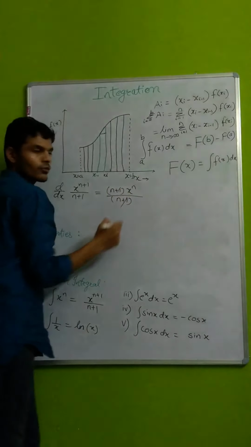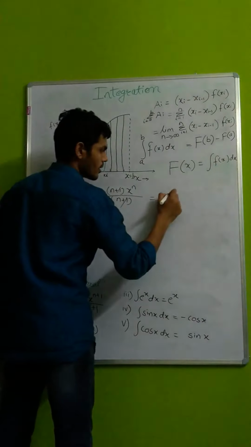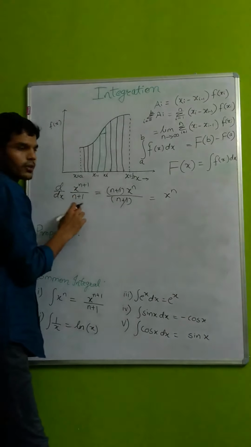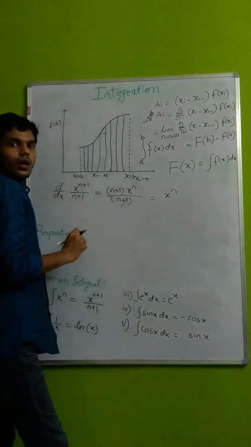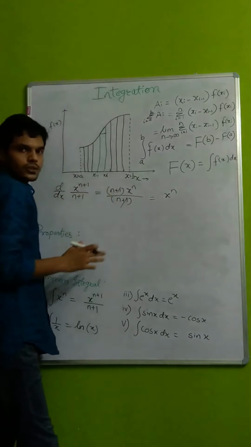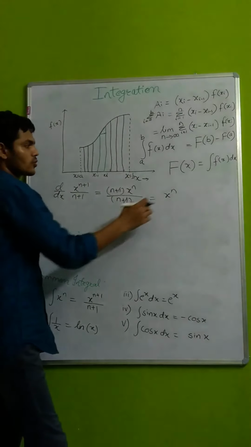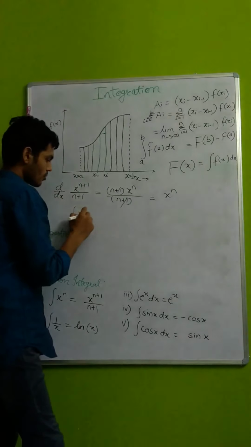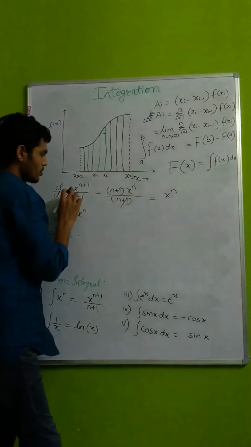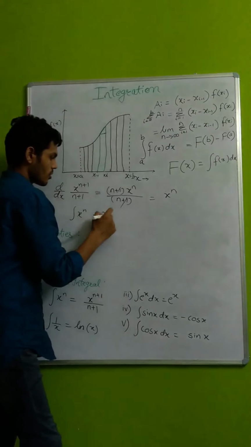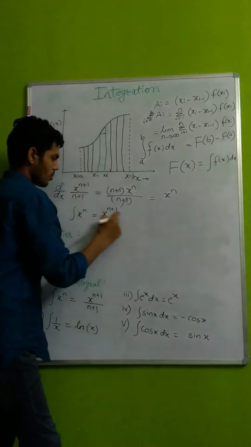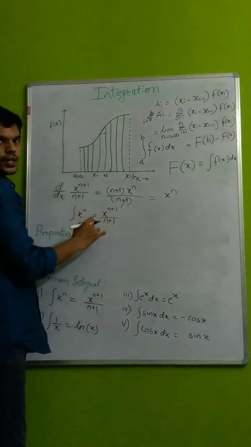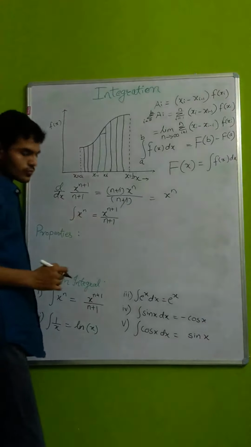This n plus 1 will get cancelled. We will get x raised to power n. So differentiation of x raised to power n plus 1 upon n plus 1 gives x raised to power n. And we know that differentiation is reverse of integration. So we can say that integration of x raised to power n gives x raised to power n plus 1 upon n plus 1. So this is how we derive integration of any function.